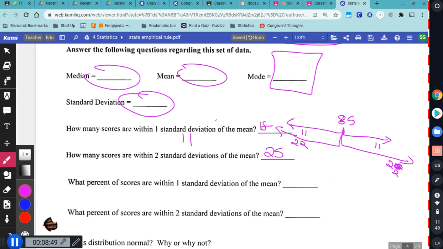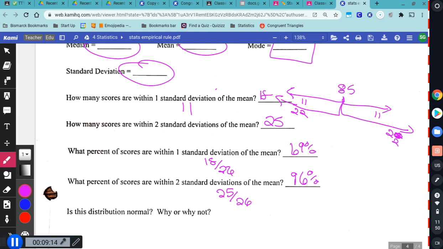And then we're going to change this to percents. So what percent of the scores were within 1 standard deviation of the mean? And it's not just 68. It is 18 divided by 26. So 26 total values, which is 69%. And here it was 25 divided by 26, which was 96%.